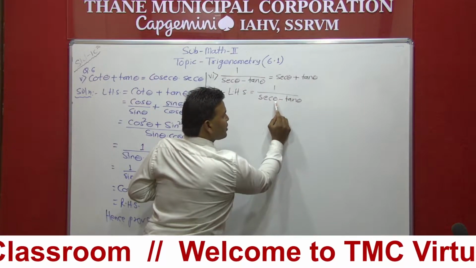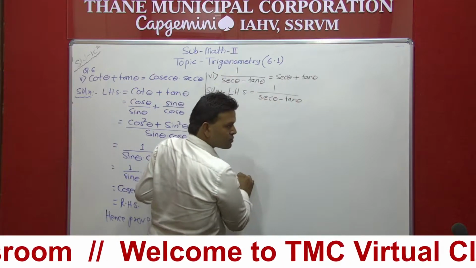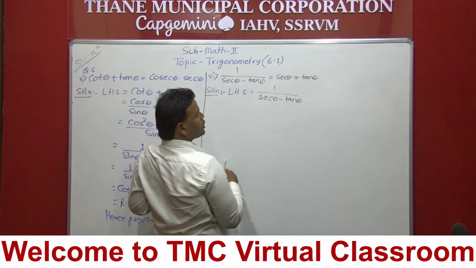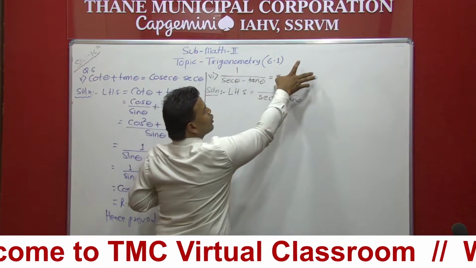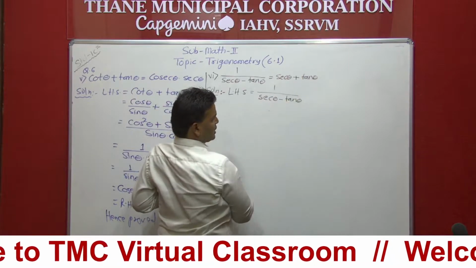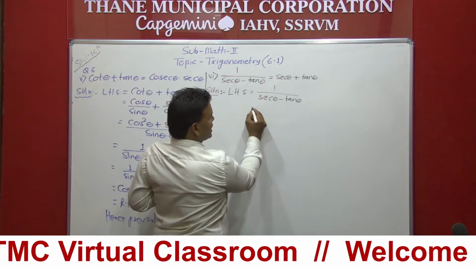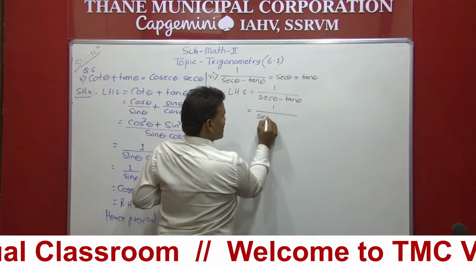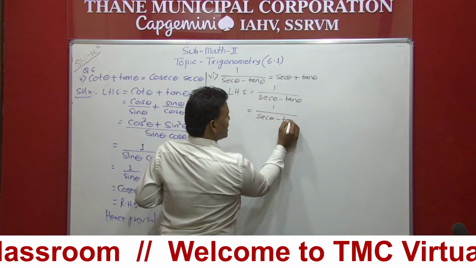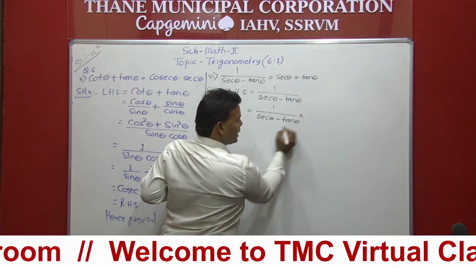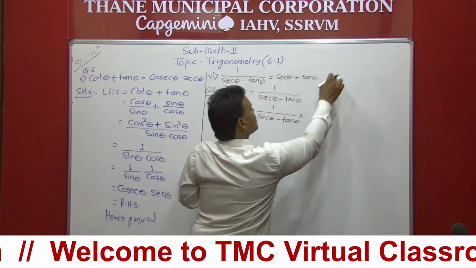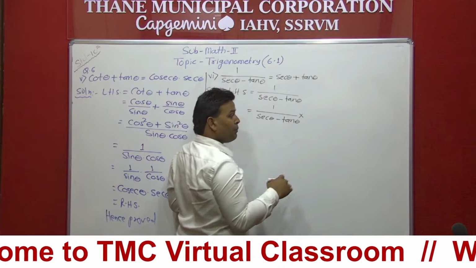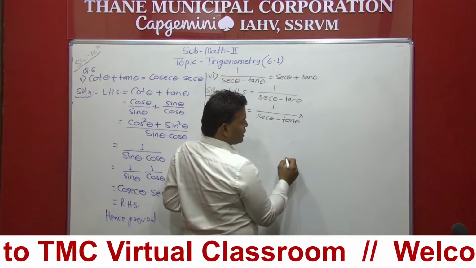The only difference is that here we have a minus sign and there we have a plus sign, otherwise everything is the same. I am supposed to get this one as a numerator. So I will write this as it is, sec theta minus tan theta, and here I am going to multiply by the conjugate of this. In the first lecture, I told you the word conjugate.